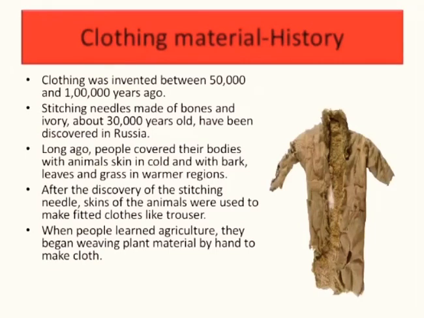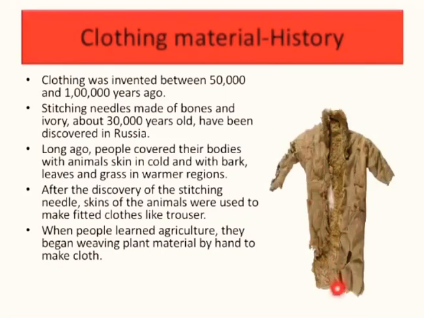Clothing material history. Clothing was invented between 50,000 and 1 lakh years ago. Stitching needles made of bones and ivory about 30,000 years old have been discovered in Russia. Long ago, people covered their bodies with animal skins in cold regions and with bark, leaves, and grass in warmer regions.